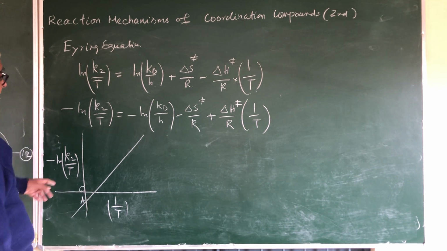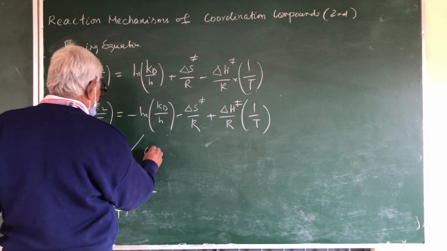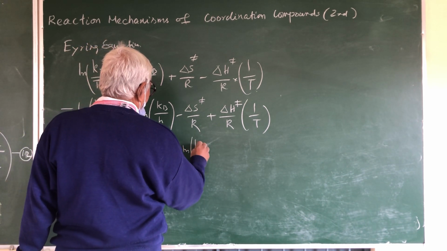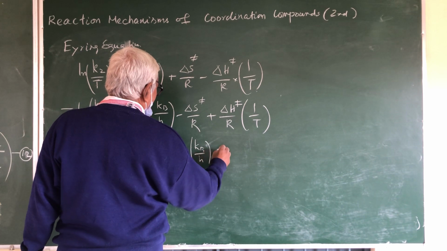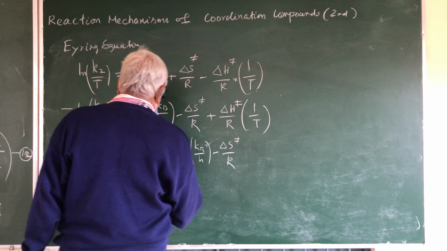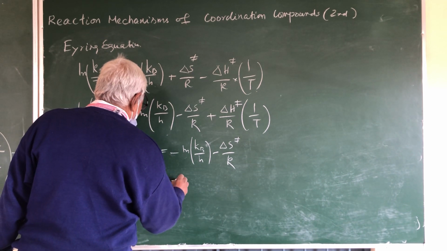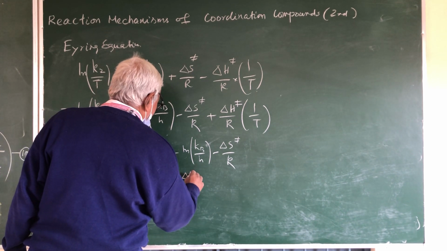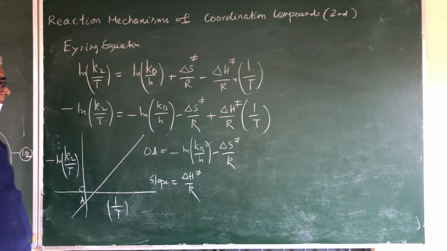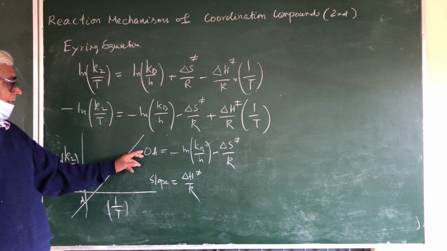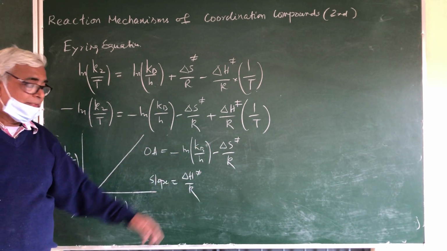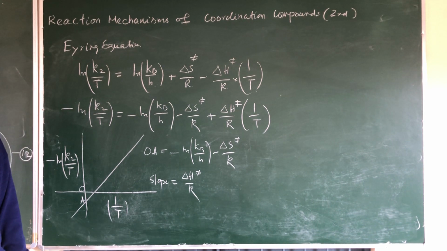From the intercept, it is equal to minus ln Kb by h minus delta S double dagger by R. And what is the slope? From the intercept and slope, from the intercept you get the value of activation entropy. From the slope you get the value of activation enthalpy.